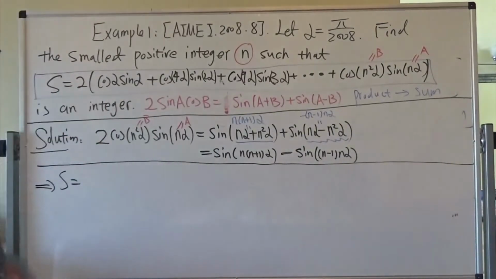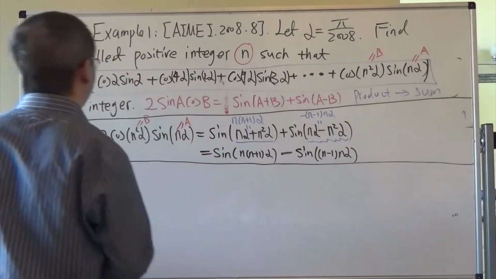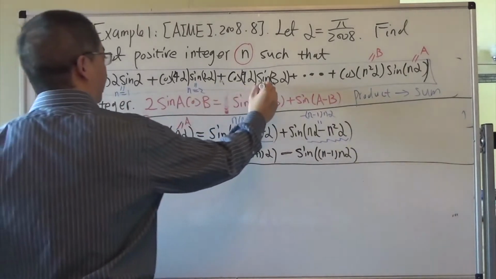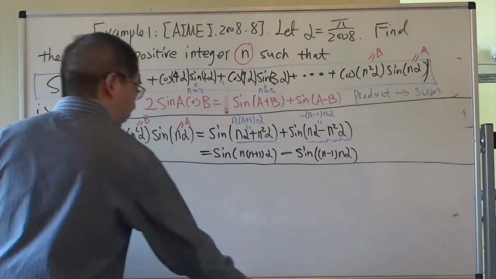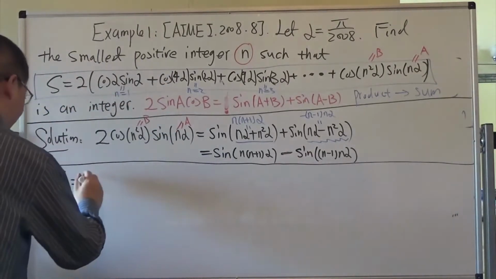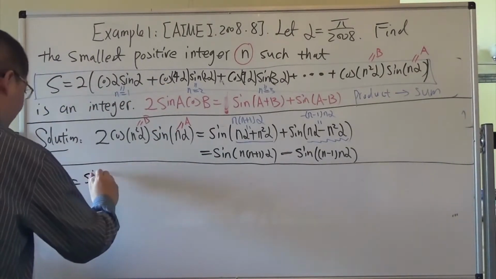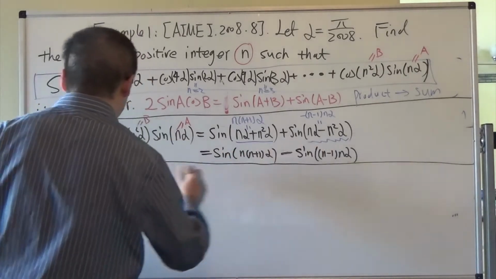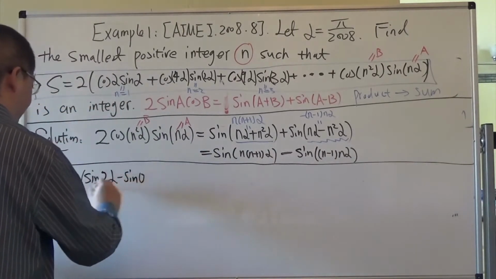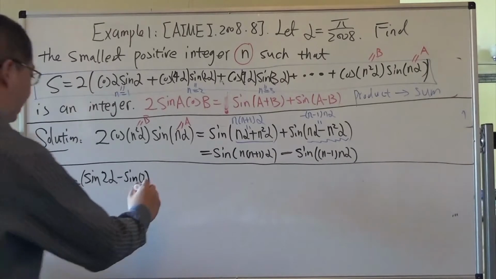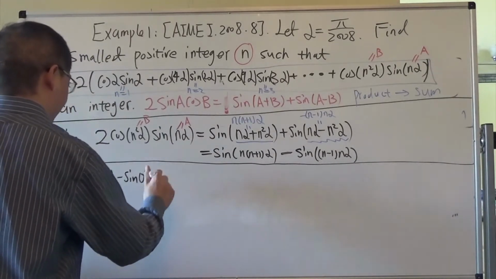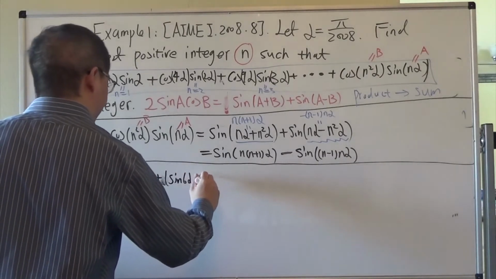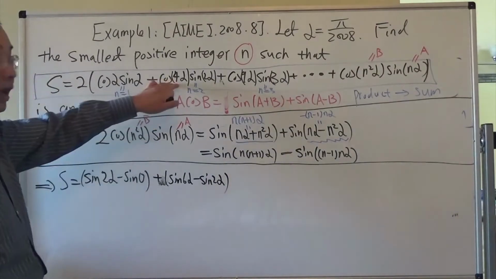As we look at the S expression, this one is n equals 1, this is n equals 2, this is n equals 3. We just apply the formula. So my S is sine of 2 alpha minus sine of 0 for n equals 1, which is the first term. Then we add the second term, sine of 6 alpha minus sine of 2 alpha, for n equals 2.